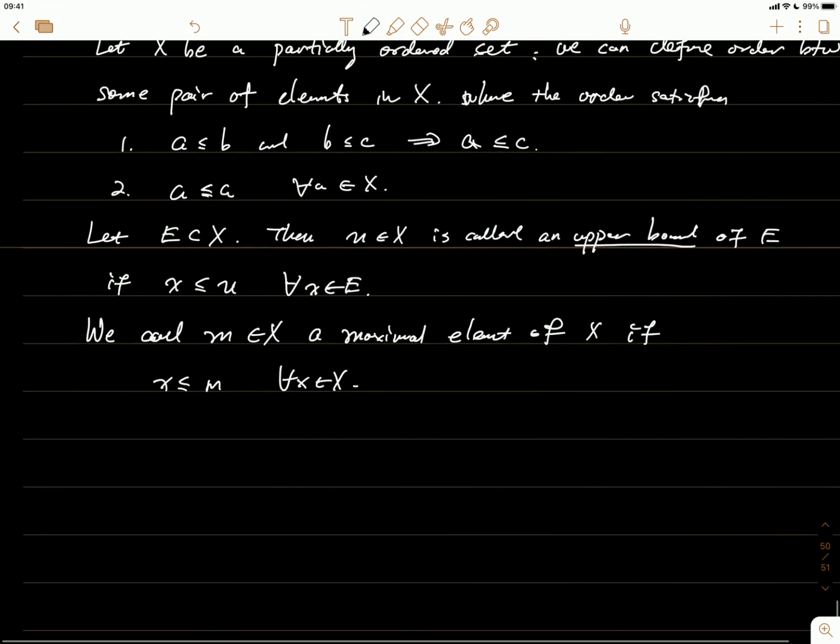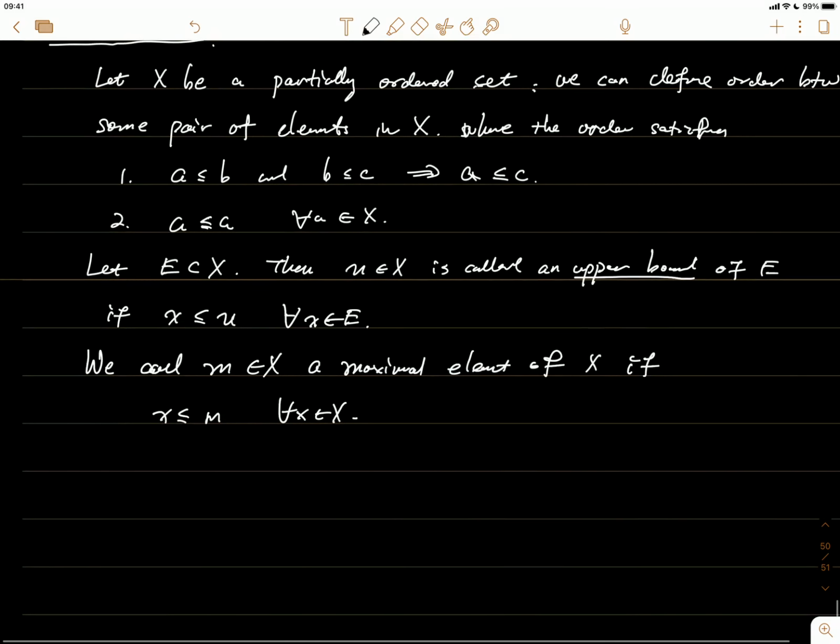Okay, so now we have all the definitions set up. We have a partially ordered set where an order is defined such that the order satisfies these two conditions.